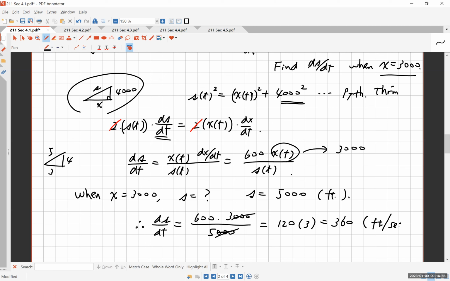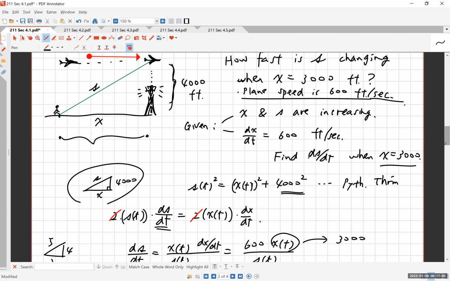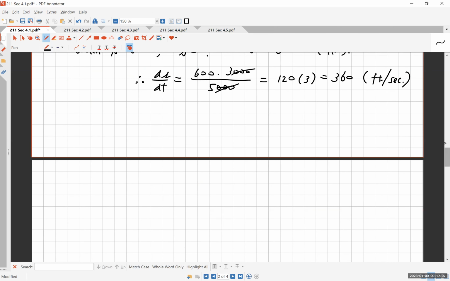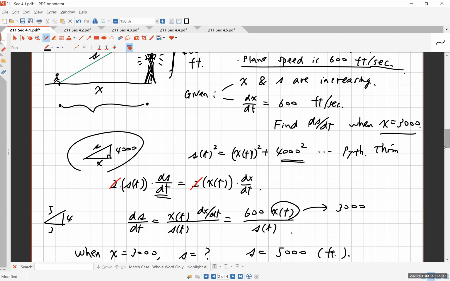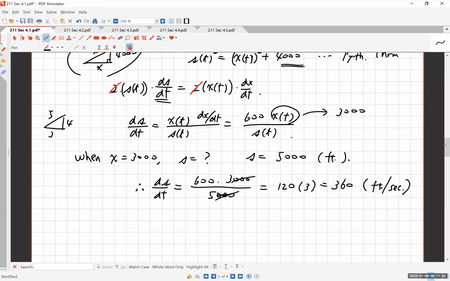The time is indicated with seconds. So the answer is that the visual distance between you and the plane is increasing at the rate of 360 feet per second, even though the plane is going away at 600 feet per second horizontally. And so that's the difference.